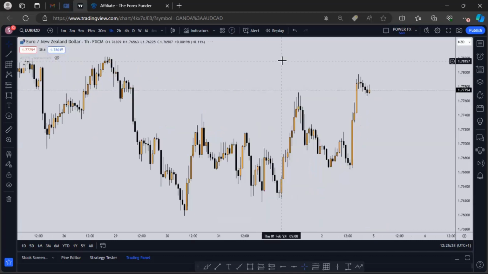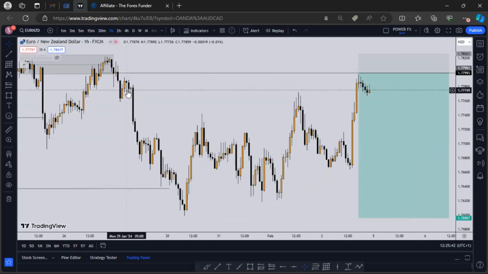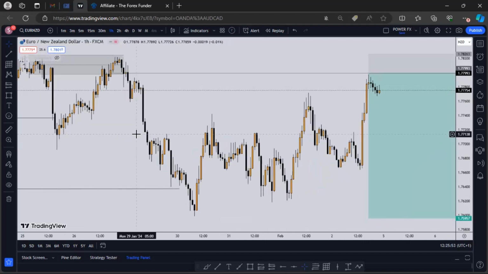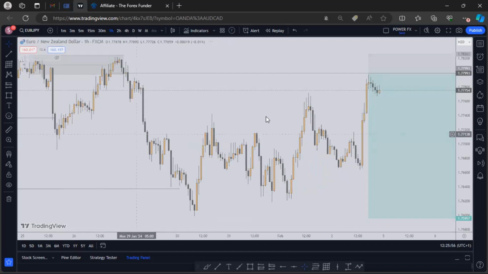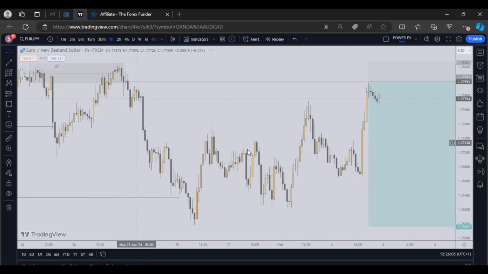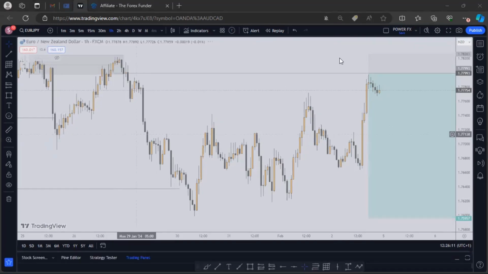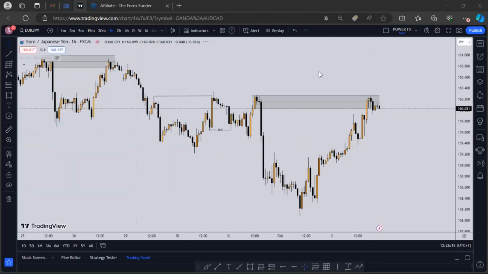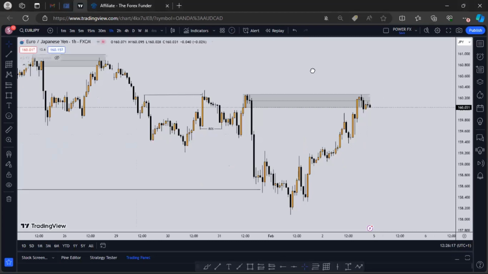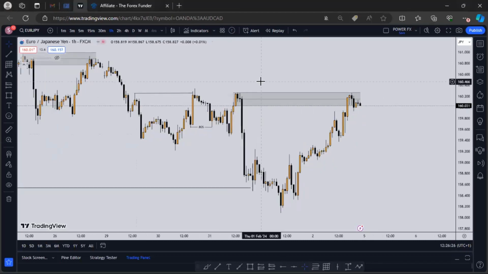Unlike the previous analysis we did, where the order block was sitting slightly below the supply zone, on Euro JPY the order block is sitting at the supply zone.